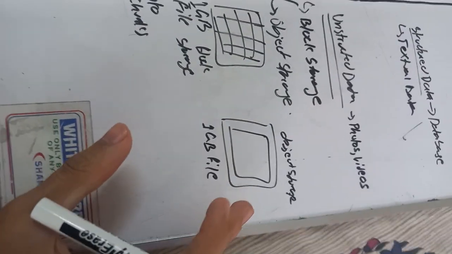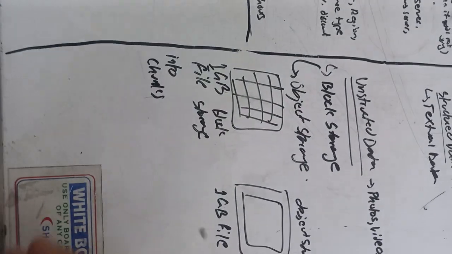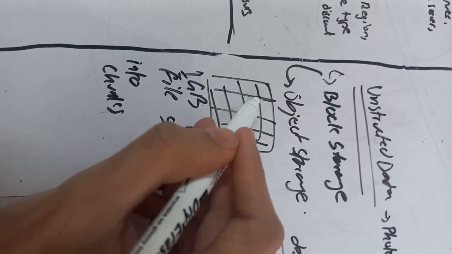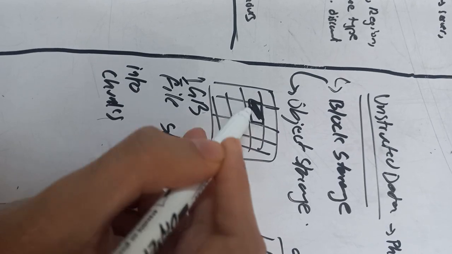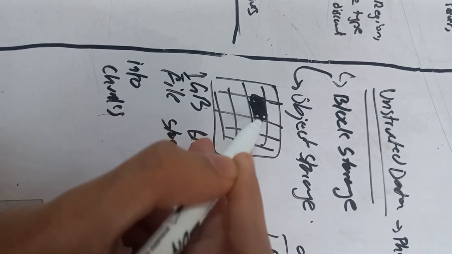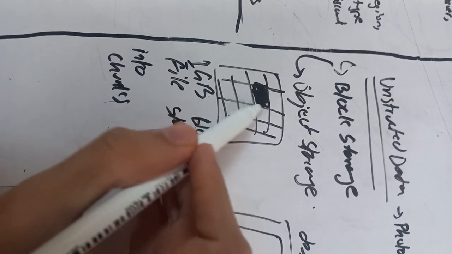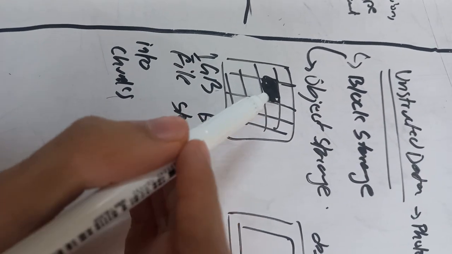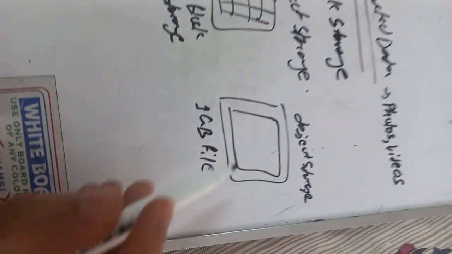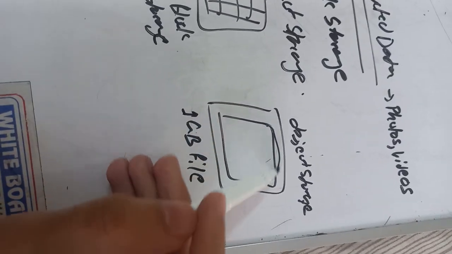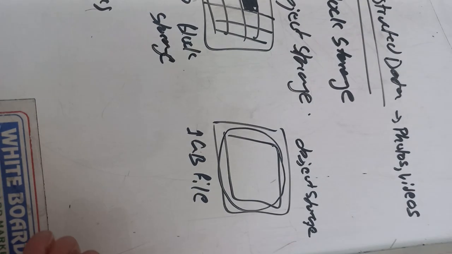Now, what does this basically mean? It means that if I change one character or one chunk of the block storage, I'm only modifying this one piece, and only this one piece needs to be affected. But if I'm changing the same one character in the object storage, the entire file has to be changed.